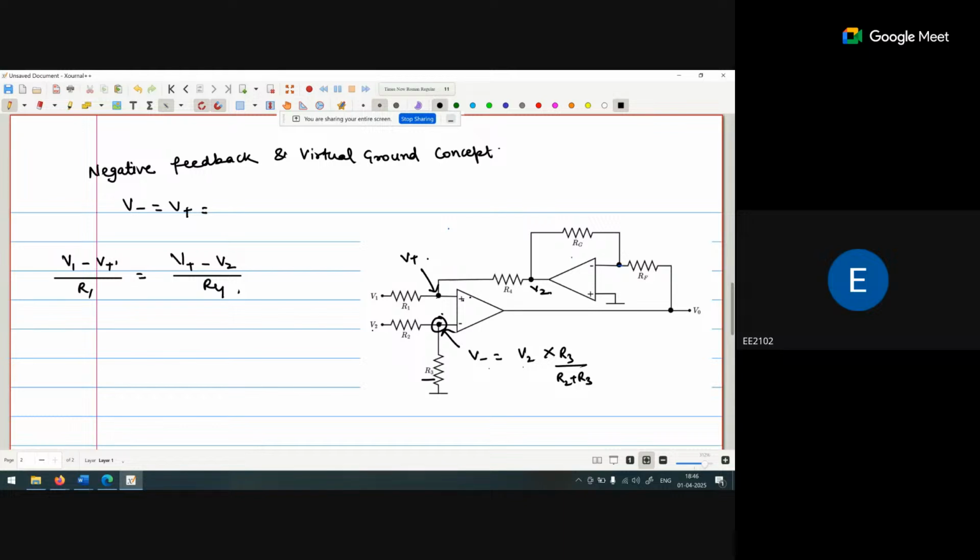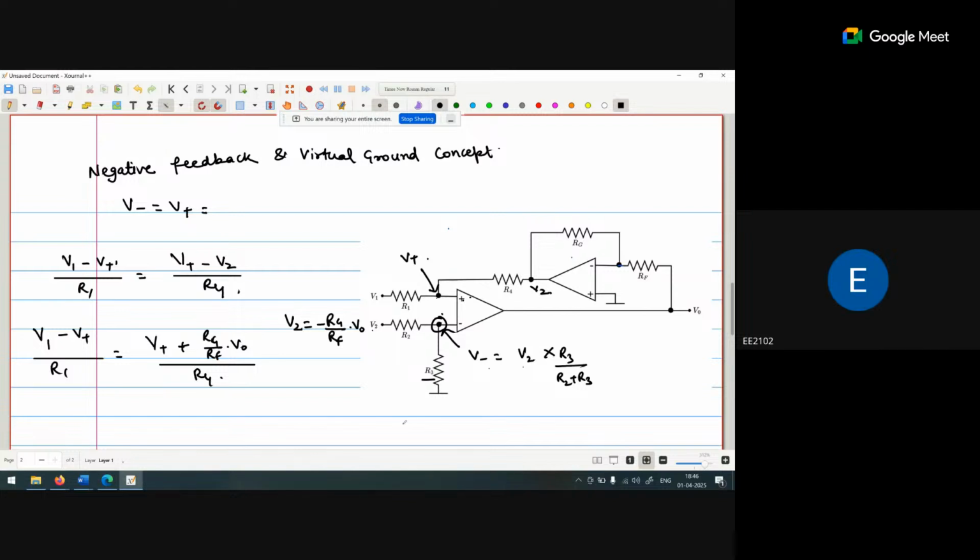Okay. And what is V2? If this is the V naught, so V2 is minus Rg by Rf into V naught. So if we apply this term here, V1 minus V plus upon R1 is equal to V plus minus, and V2 is Rg by Rf times V naught upon R4.